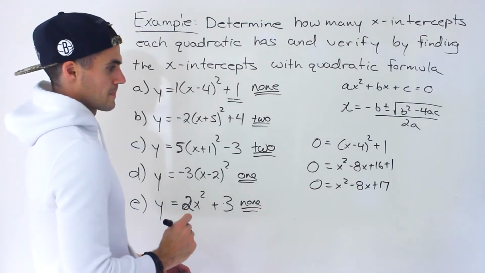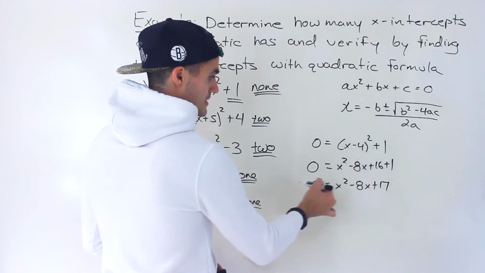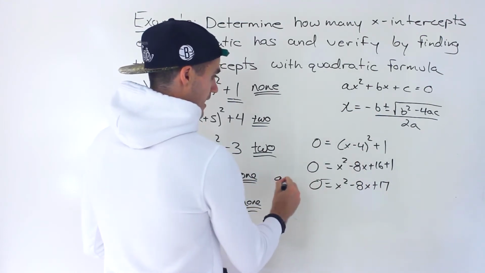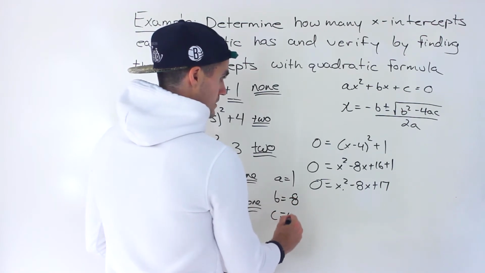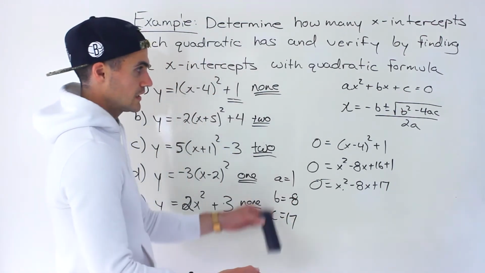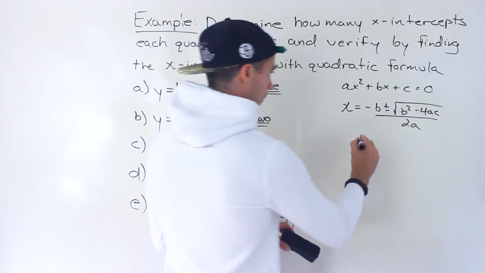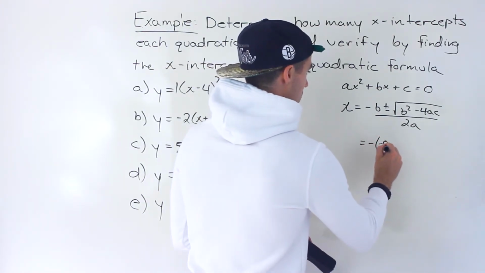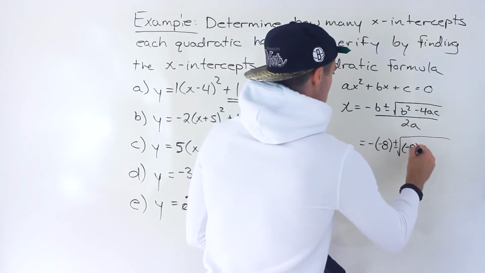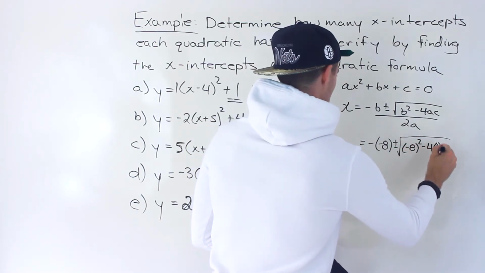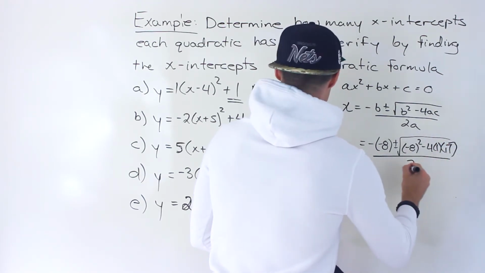Now notice the a value is 1, the b value is -8, the c value is 17. So plugging these parameters into the formula, we'll end up with -(-8) plus or minus the square root of (-8) squared minus 4 times 1 times 17, all over 2 times 1.